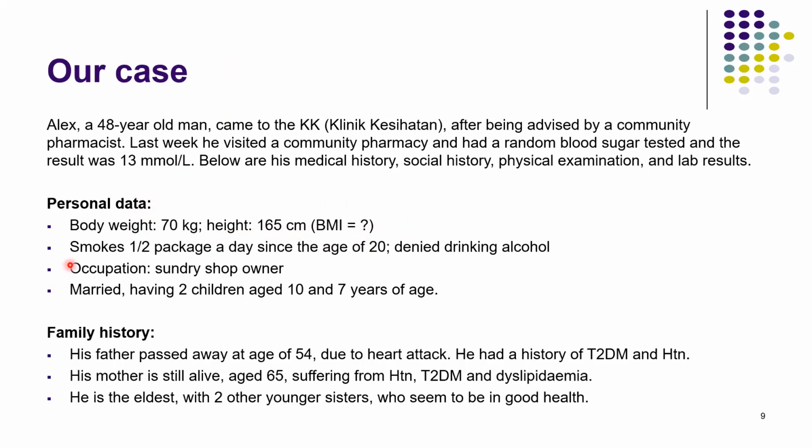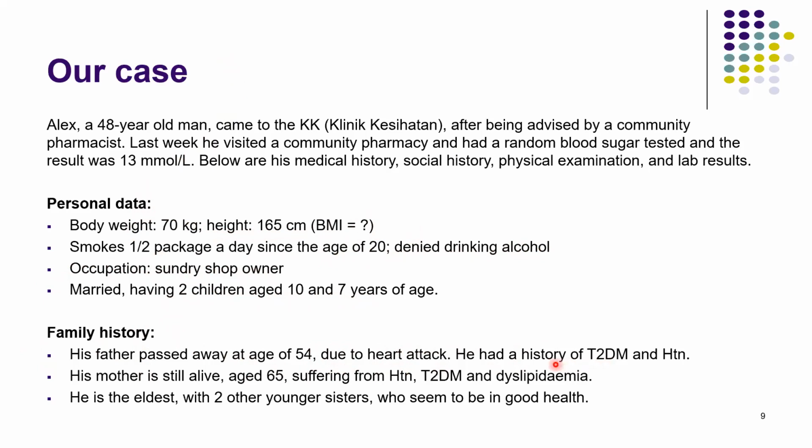He smokes half a packet a day since the age of 20. Denied drinking alcohol. Occupation: sundry shop owner. Married, having 2 children, aged 10 and 7. Family history: his father passed away at the age of 54 due to heart attack, and had a history of type 2 DM and hypertension.